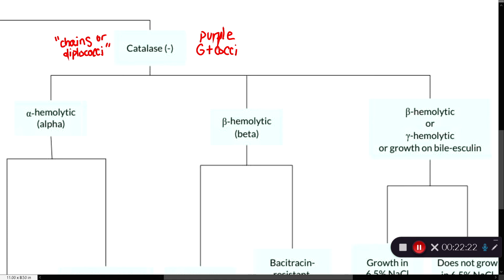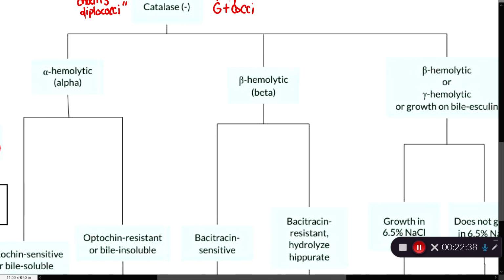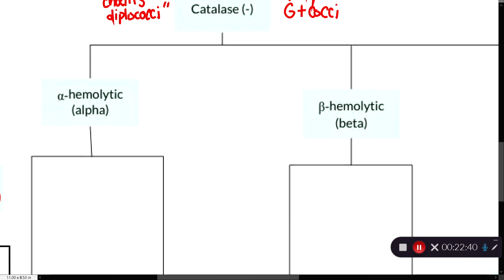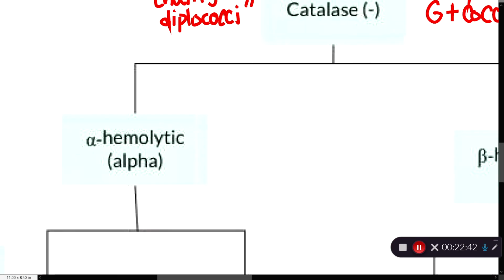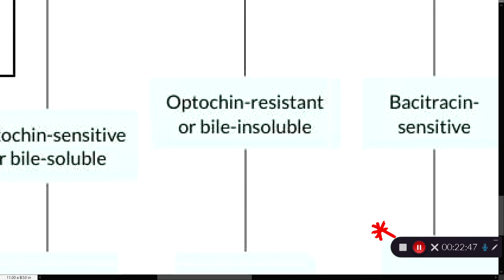So this is really when you have a catalase negative gram-positive cocci, you want to plate it on a sheep blood agar and look at the hemolysis pattern. If your organism shows a partial green clearing, that indicates alpha hemolysis.